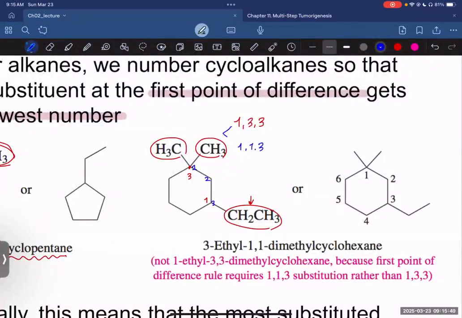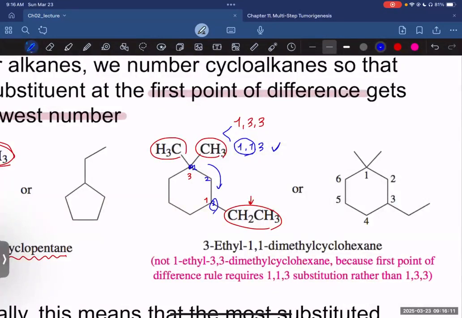Out of these two, we want most of the substituents to have the lowest locant numbers possible, which is why we number this carbon as 1 and go clockwise to give the carbon that bears the ethyl group locant number 3.